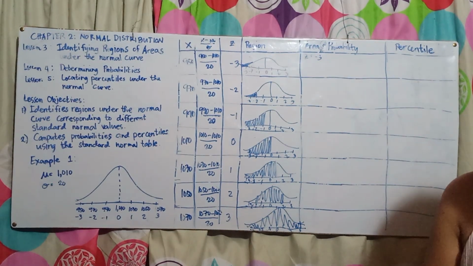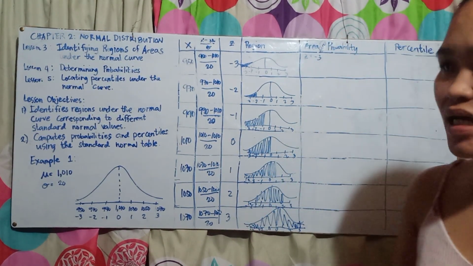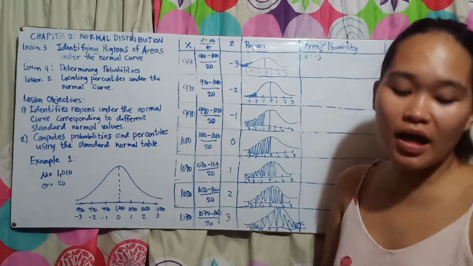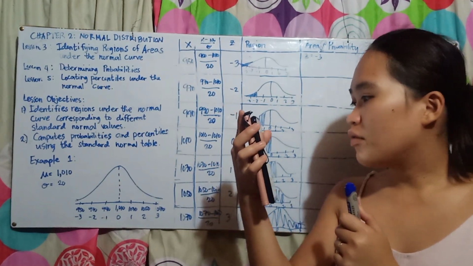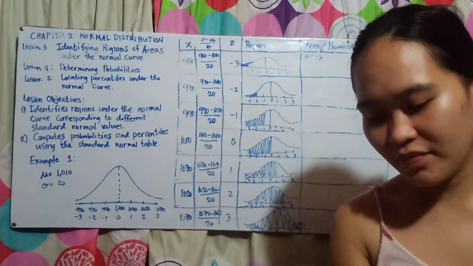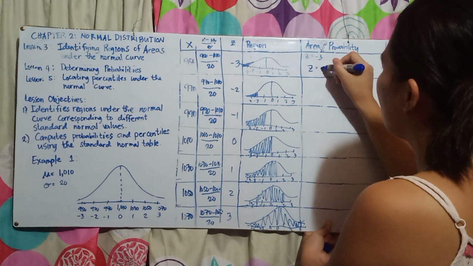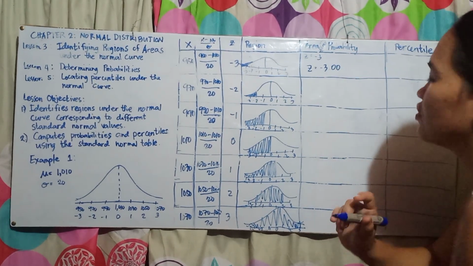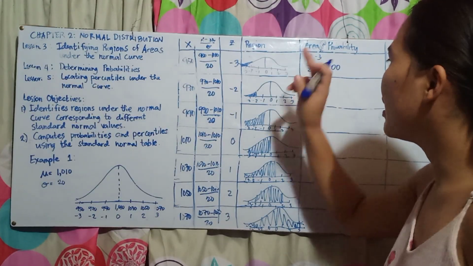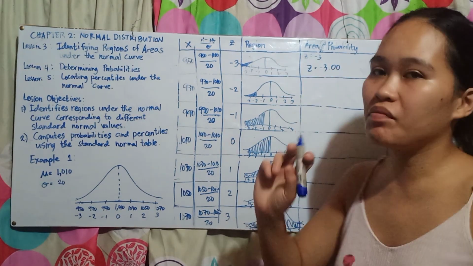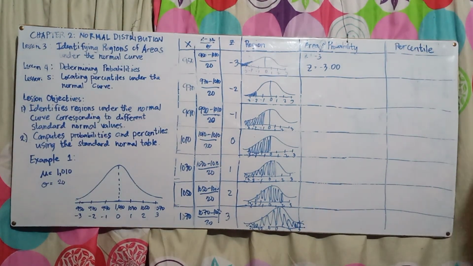So since naka-whole number ang ating z-score, so i-transform natin siya na may 2 decimal places. Kasi ang area is naka 4 decimal places. Okay, so magiging z equals negative 3.00. So, since ang negative 3.00, same lang man siya sa negative 3, gibutangan lang natog decimal.